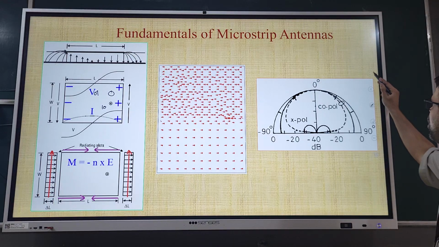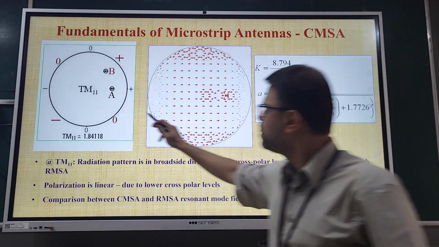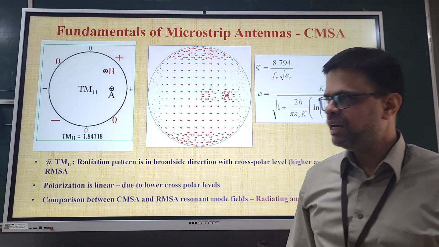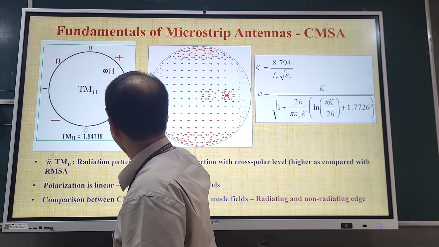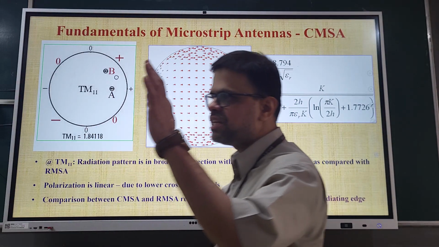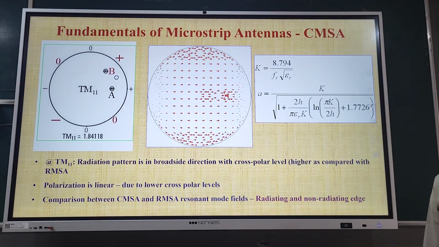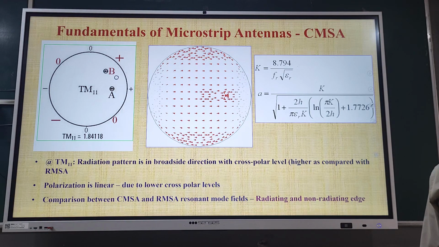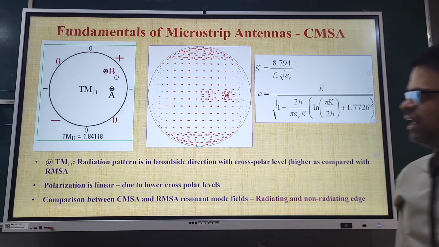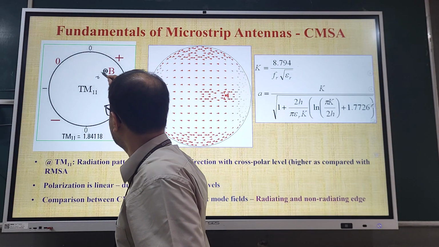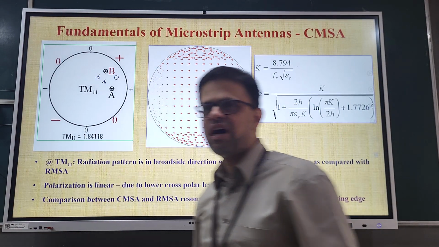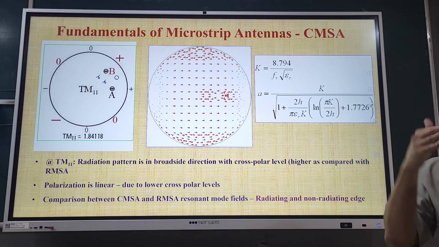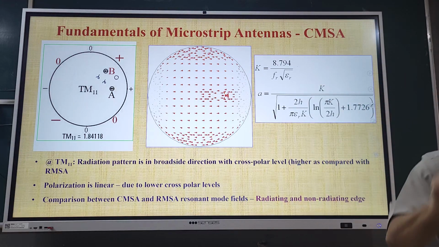Now in case of circular patch, let the feed point be here. Since the resonant dimension, which is the patch radius, is it changing across the different feed point location? No. In this direction also radius is R, in this direction also radius is R. So by changing the feed point location, the radius is not changing.